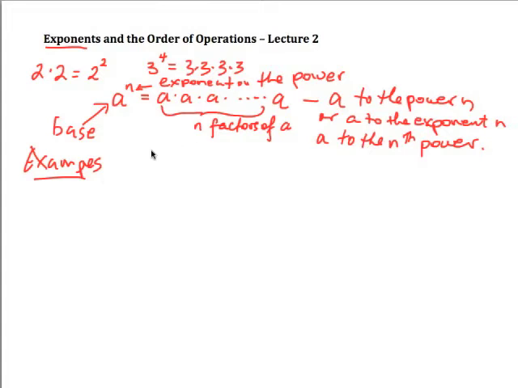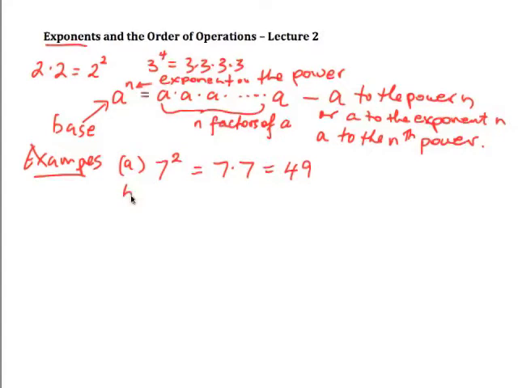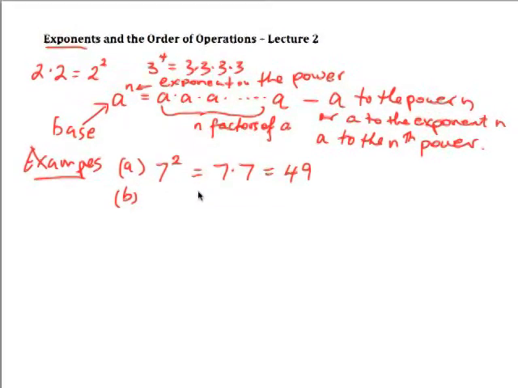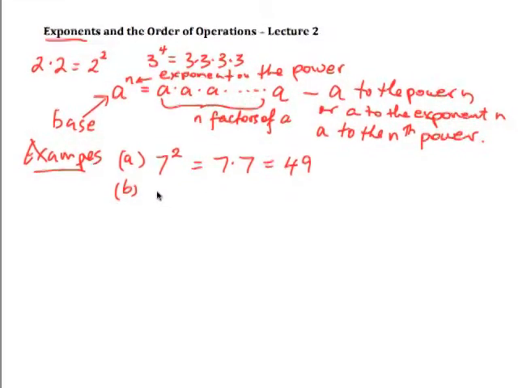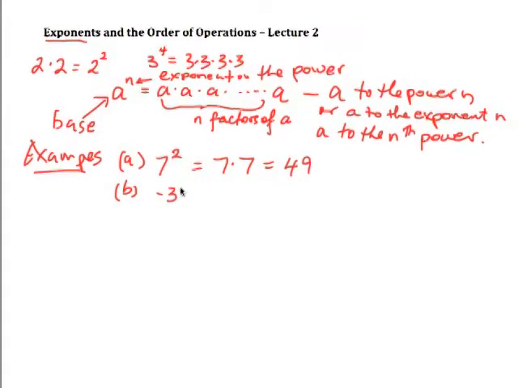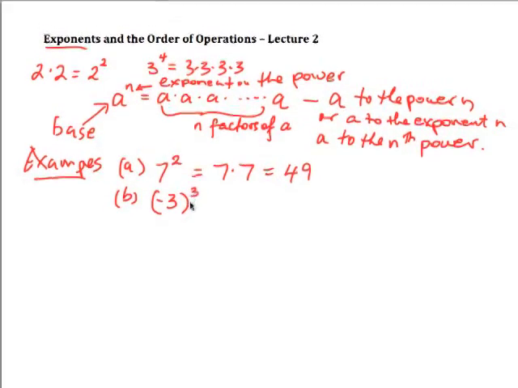Suppose I want to find, for example, what do we mean by 7 squared? Well, 7 squared is 7 times 7, which is 49. Let's talk about part B. What do we mean by negative 3 to the power of 3?